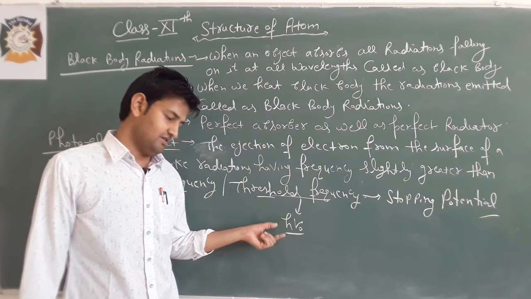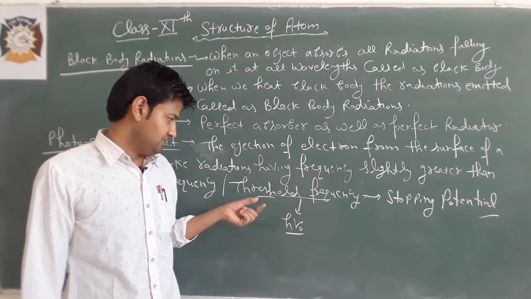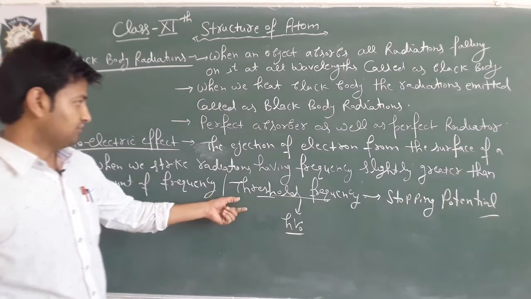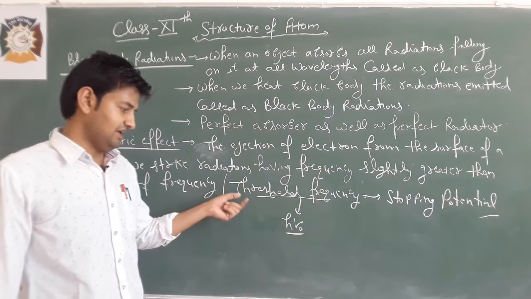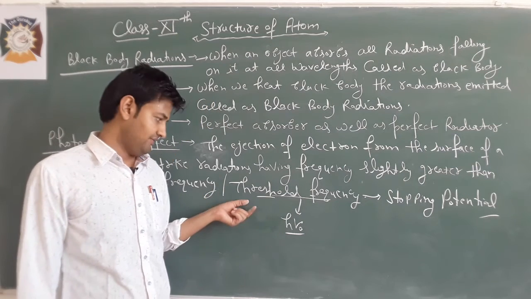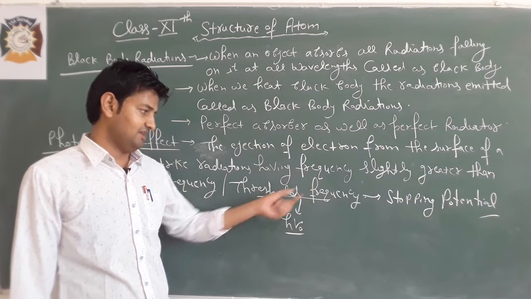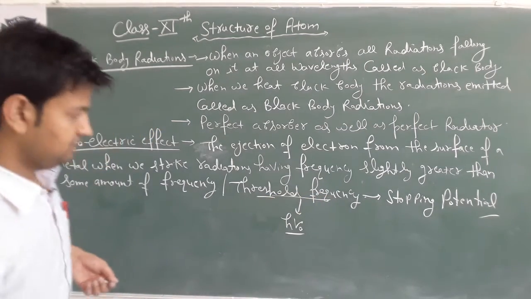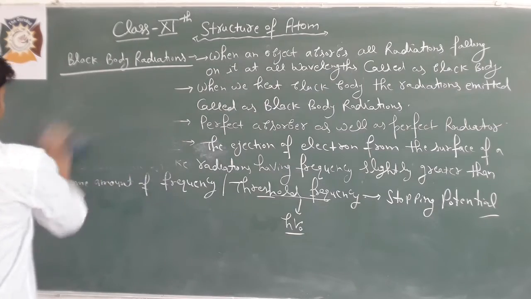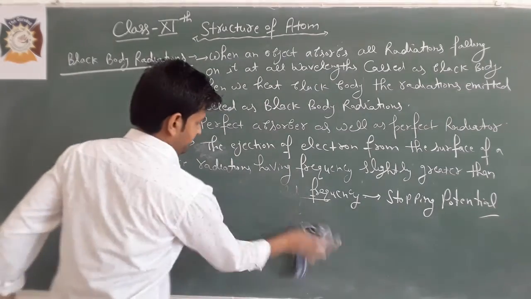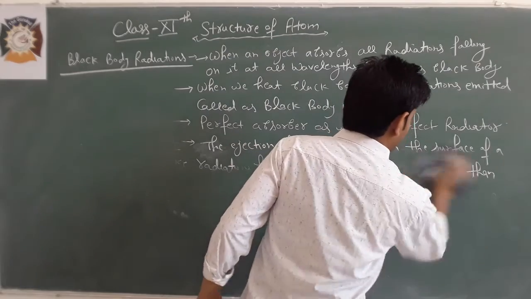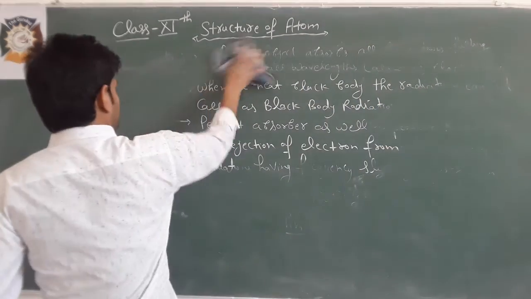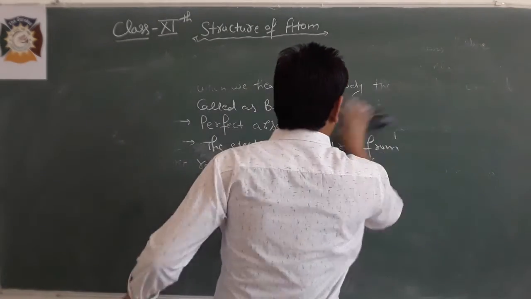Radiations having energy more than this energy will eject electrons, otherwise electrons will not be ejected if the frequency or energy is less than the threshold frequency or threshold energy. The kinetic energy of the electrons ejected will depend upon the frequency of the radiations which we have applied on the metal surface.